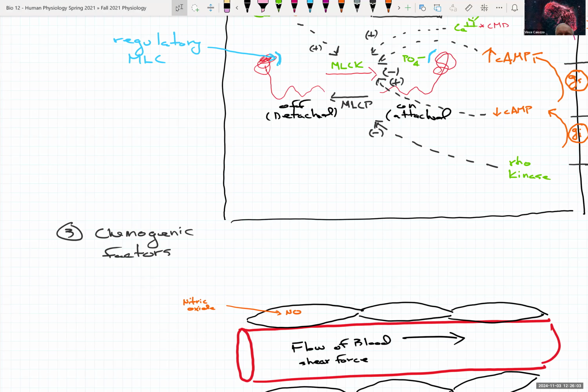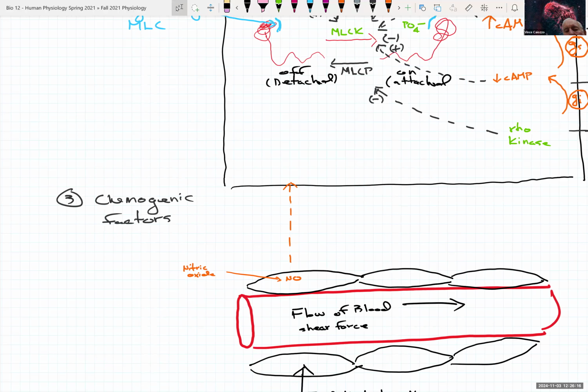And the NO acts on these cells and causes them to produce cyclic GMP. And cyclic GMP comes along and acts on myosin light chain phosphatase.